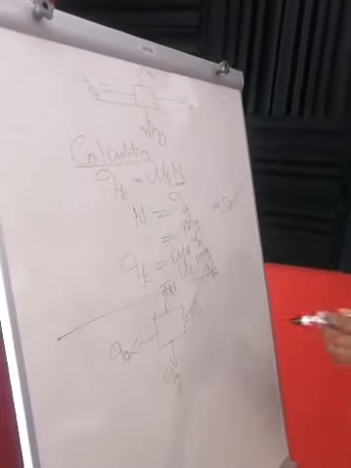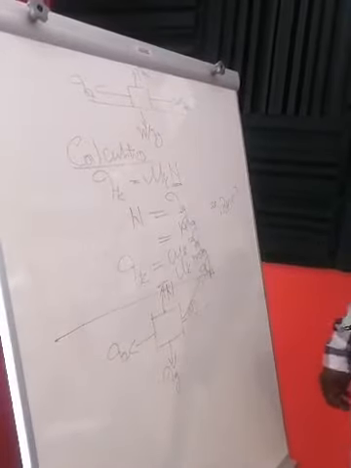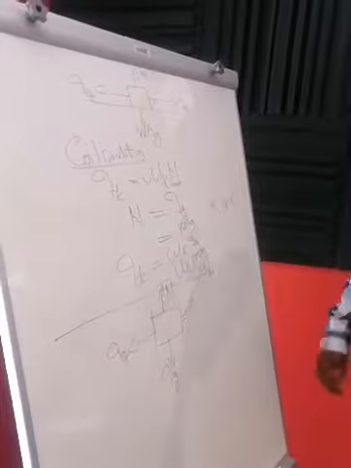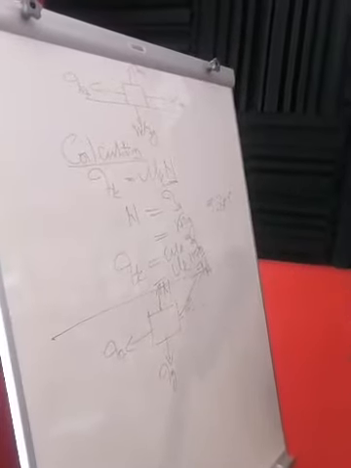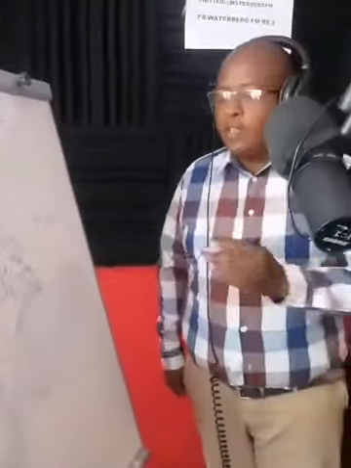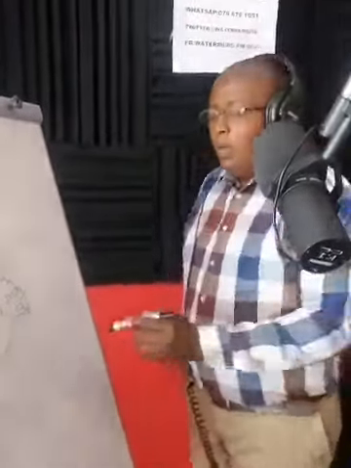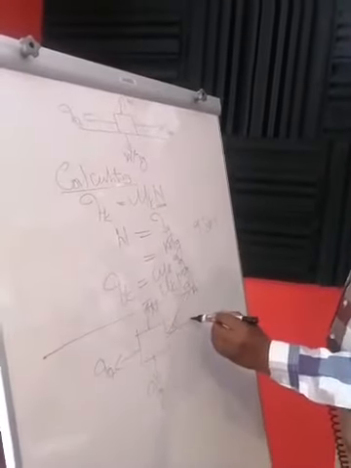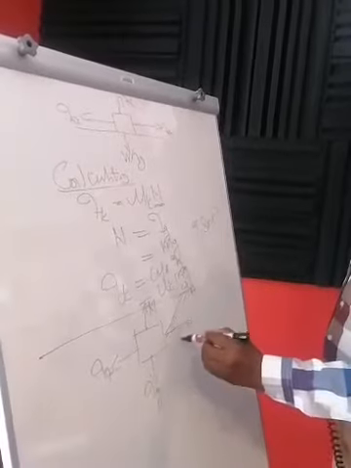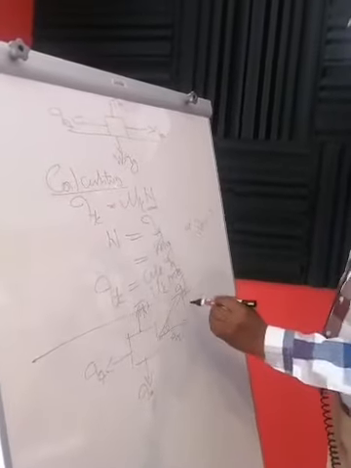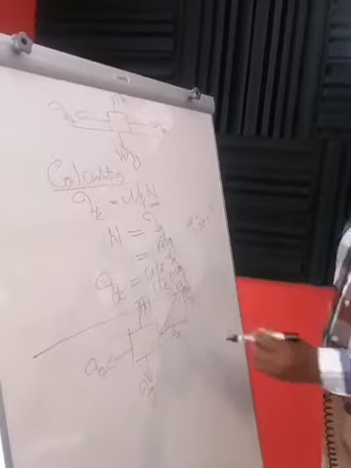So when we want to calculate our normal force in this case, we need to also consider the components of our applied force, because it is applied at an angle. So we talk of the horizontal component, which we call Fx, and the vertical component, which we call Fy.